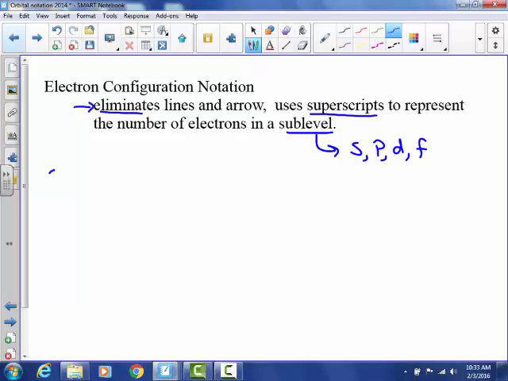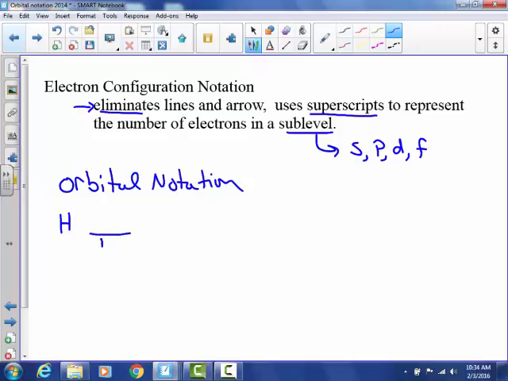So, I'm going to review a little bit our orbital notation. Going back to hydrogen, orbital notation for hydrogen was simply this. So that is orbital notation.